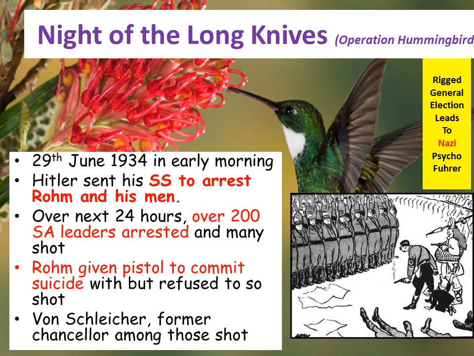Now the cartoon that's just appeared on the right is David Low's cartoon in 1934 of the Night of the Long Knives. You can see you've got Hitler in the middle with the smoking gun, who looks really like an animal just killing. You've got on his right the god of war, Thor. Now the god of war, or Thor, is actually Hitler's right-hand man, Goering.